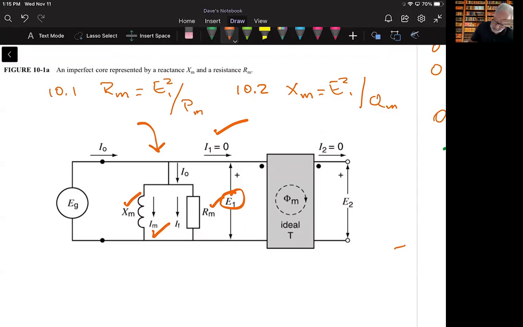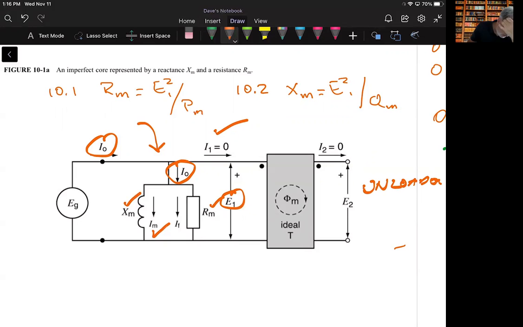It's called the exciting current here, and then we see it again there. It's a very small percentage of the total current. And again, remember, this is unloaded right now, so there's no actual current flowing to the load out here.